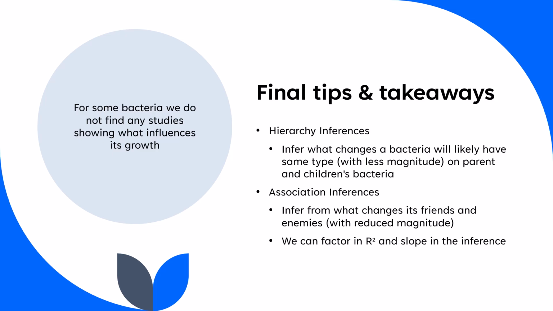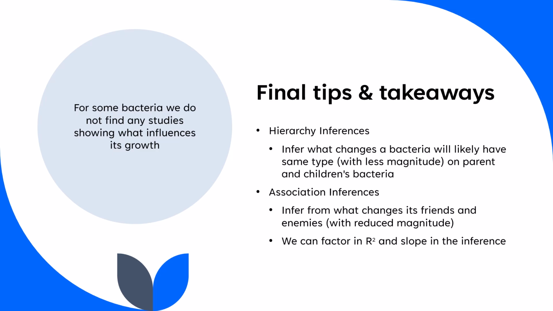We infer from what changes its friends and enemies, again with reduced magnitude, what we should do, and I term that a synthetic inference or synthetic impact, because we don't have direct evidence of it, but we have the reasonableness of the suggestion because it diminishes its friends, and therefore if those friends are diminished, then chances are that bacteria will also be diminished.